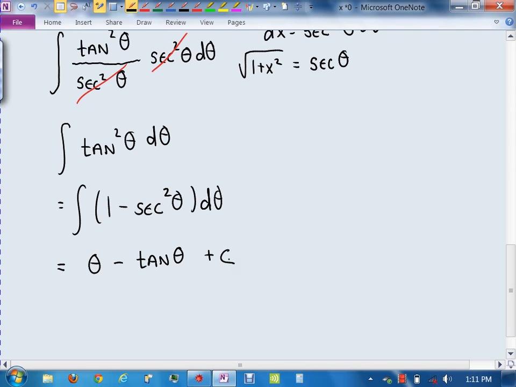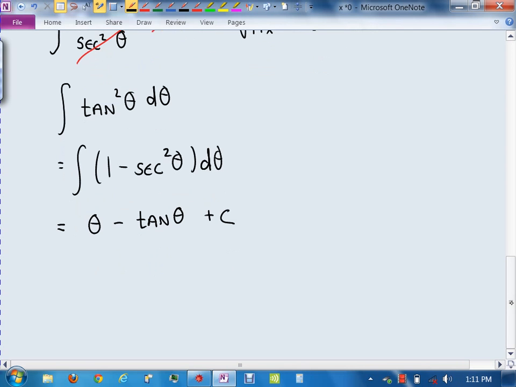You with me still? But now I need to get everything back in terms of x. So remembering that earlier I made the substitution that x was equal to tangent theta, right? Then I need to know what theta is, right?